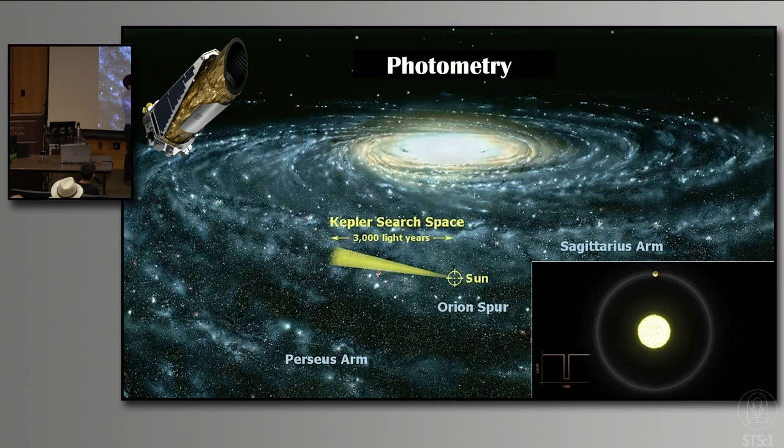And it looked at about 150,000 stars, looked for the dimming, and if the dimming kept repeating, they could infer that perhaps there is a planet going around the star and in our line of sight blocking that star. Okay, so this is called the transit technique, but really it's basically photometry.